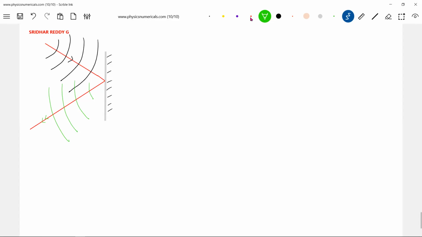If a point source is kept near a plane mirror, it will get reflected and the image will be formed. So there's a wavefront. Now similarly, if a plane wavefront is incident, what do you mean by plane wavefront? This will be the wavefront, and this will be the direction of propagation.